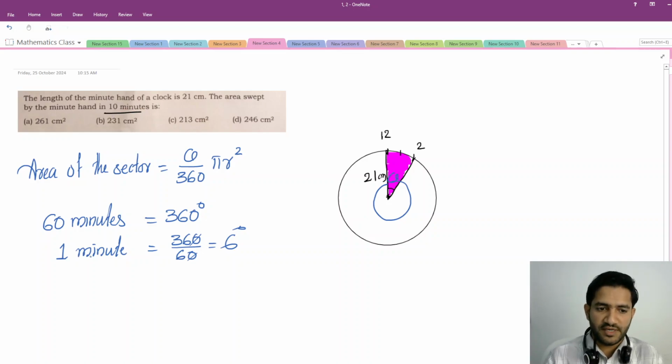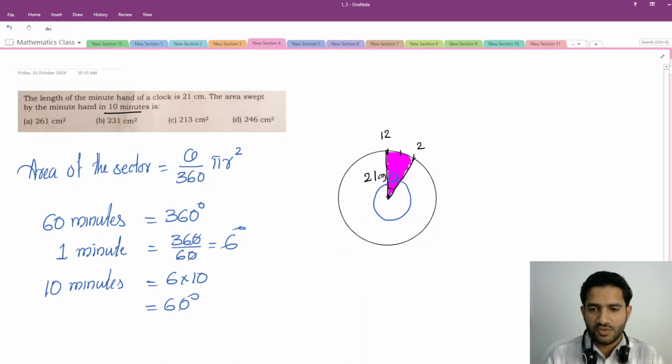Here we need to find 10 minutes. So 10 minutes is equal to 6 into 10, that means 60 degrees. So now theta is 60 degrees, and we can find the area.